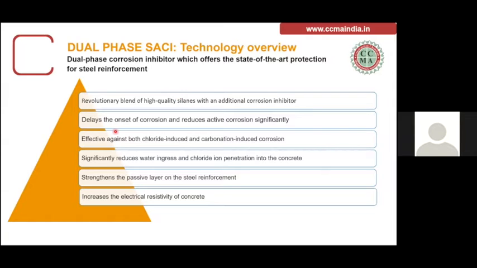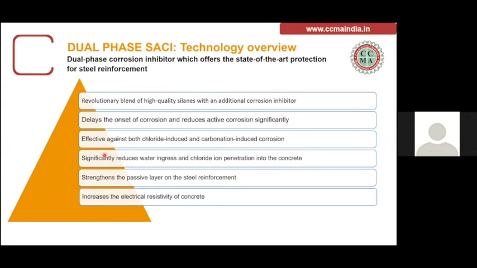It delays the onset of the corrosion and it reduces the active corrosion very significantly. So that means if the concrete and the embedded steel is already corroded, it is going to reduce the further corrosion process that is going to happen.